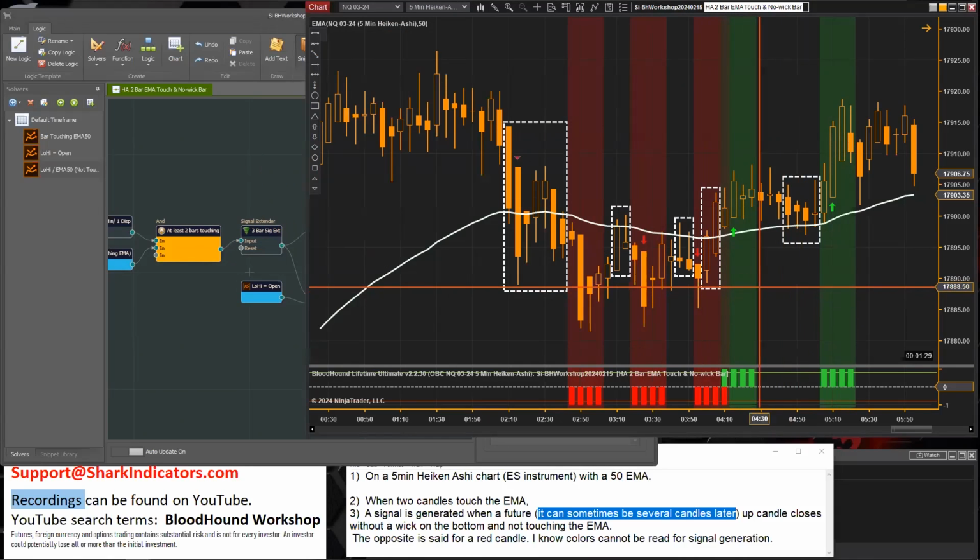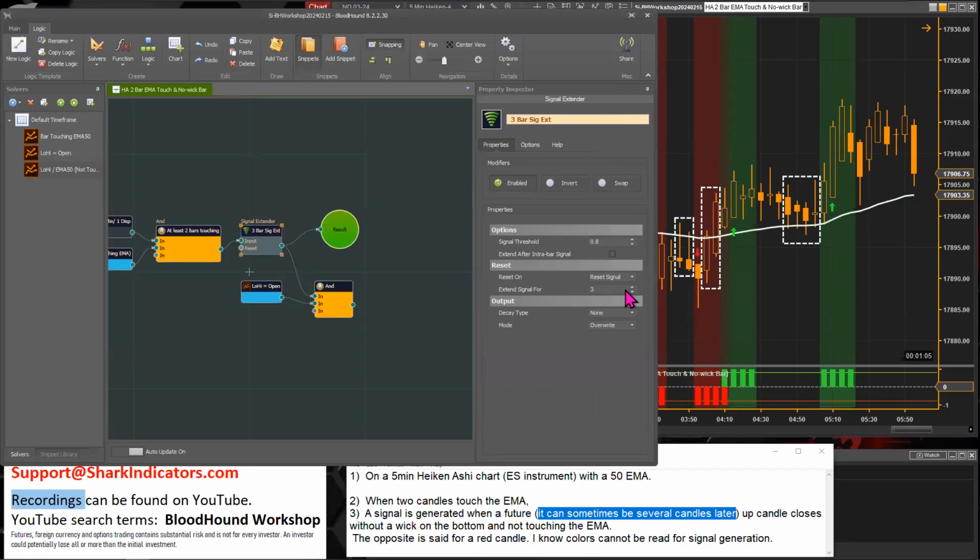Right. So now we can see how many bars there's an opportunity for a no bar to show up and generate a signal. Right. So this is actually 1, 2, 3, 4 bars. So I can actually knock this down, knock the signal extender down to 2 bars.